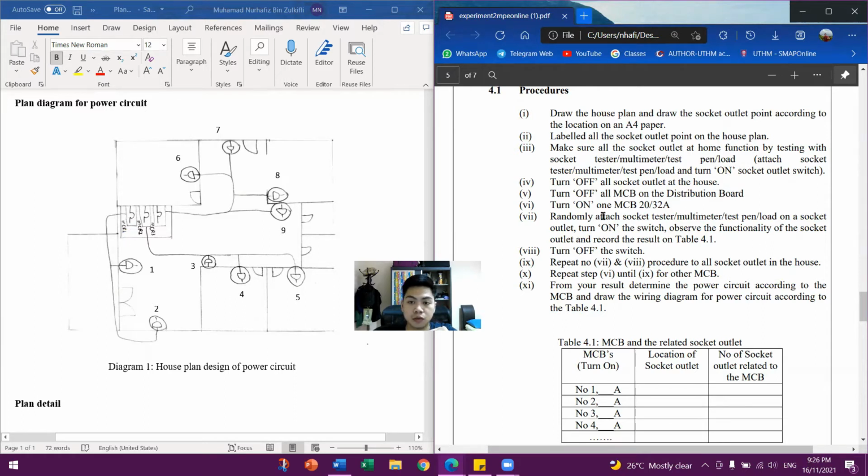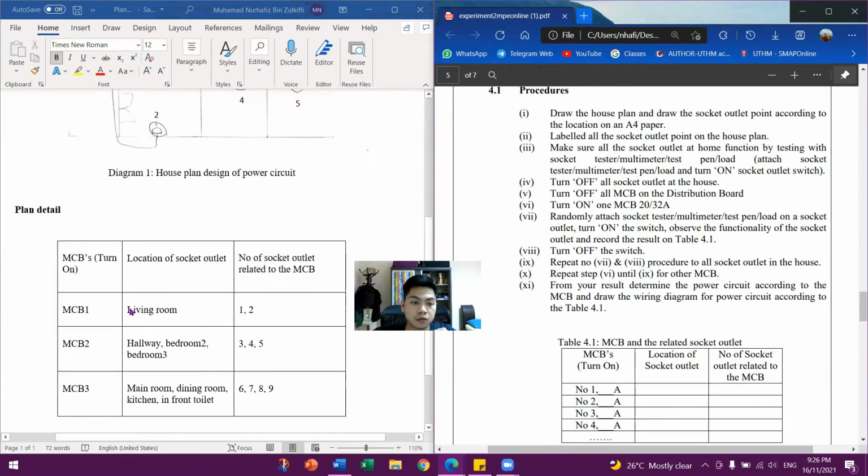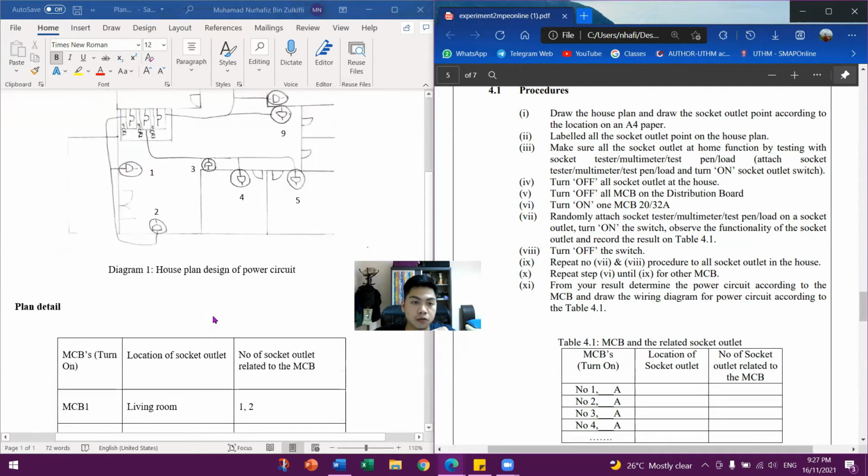So we randomly check all the sockets to determine which sockets are connected to MCB1. As the result, for MCB1, we determine that there are 2 sockets that are functional, and there is a current flow in the living room, which are socket 1 and socket 2.